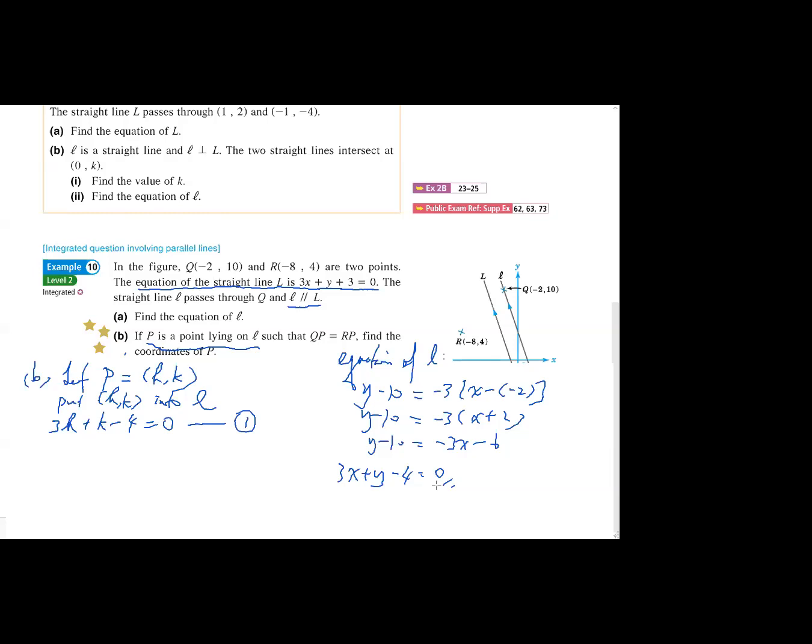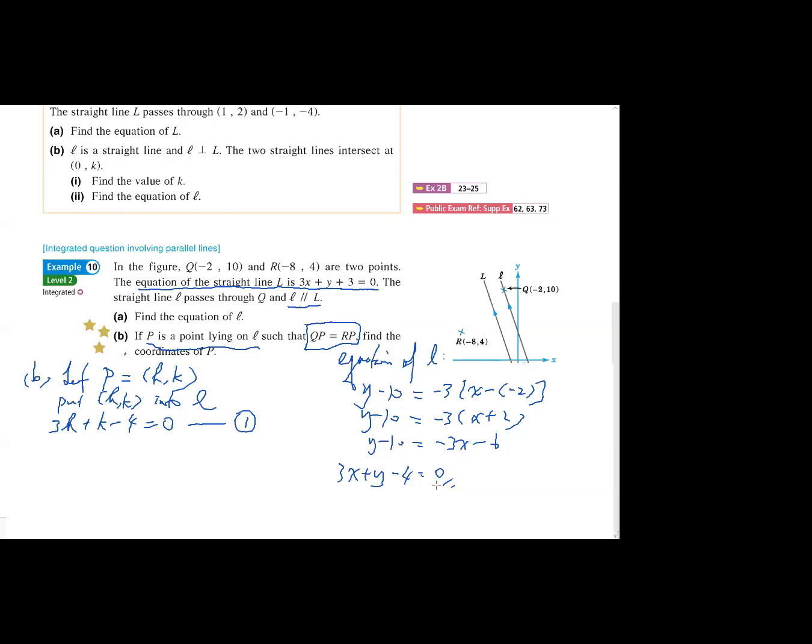It is that the distance between point Q and point P should be the same as the distance between point R and point P. 好啦，如果喺坐標嚟講，講緊兩點之間嘅 distance，咁我哋就會用 distance formula 咯。Okay, so the length of QP is equal to the length of RP. We use the distance formula.